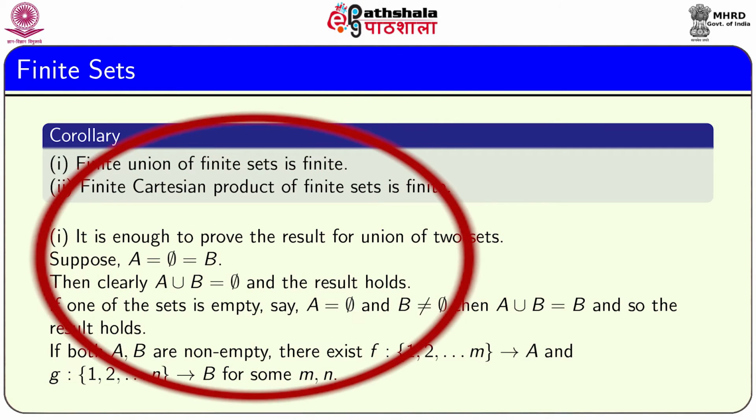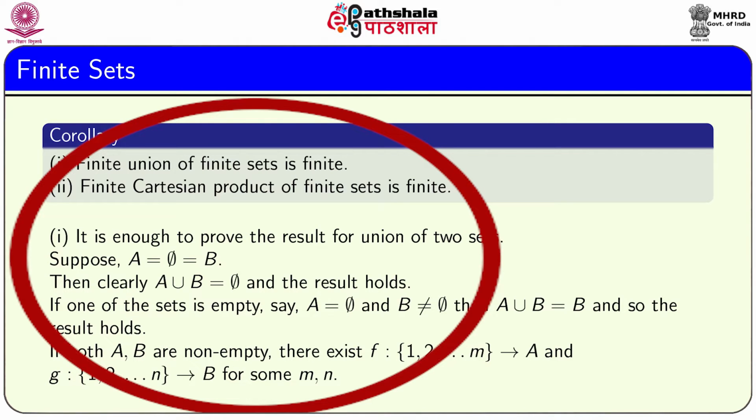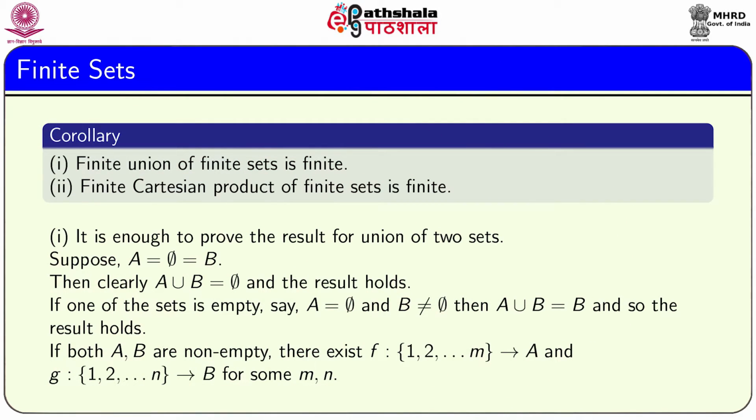If we take A and B any two sets, then there are three possibilities. Either both of them are empty, case 2 is either of the sets is empty, and the final case is none of them are empty.